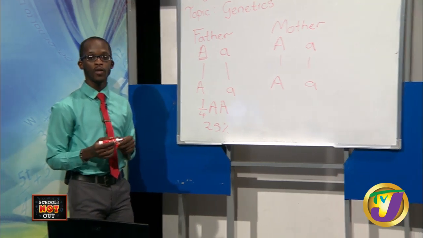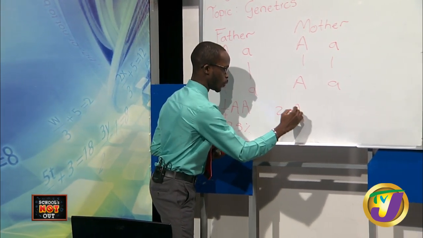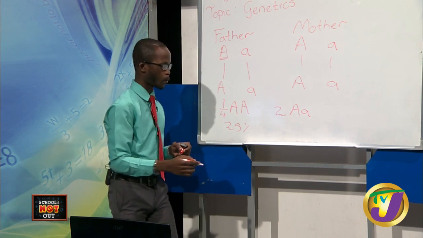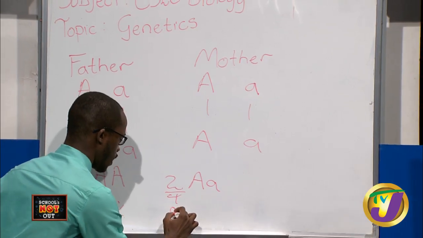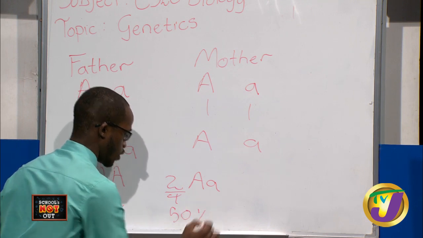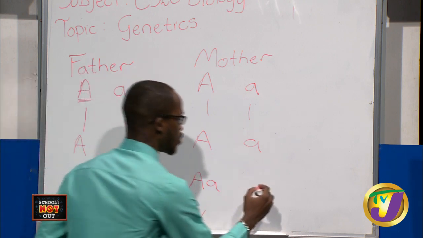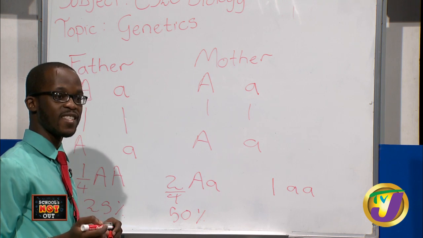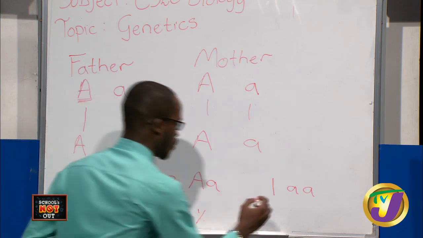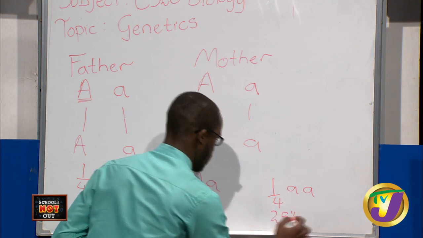We could have also had 2 heterozygous, a capital A and a lowercase a, so it's 2/4, and in this case, 50%. Or we could also have a case where we get 1 homozygous recessive. In this case, it would be 1/4, which would give us another 25%.